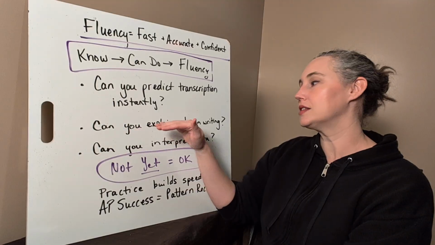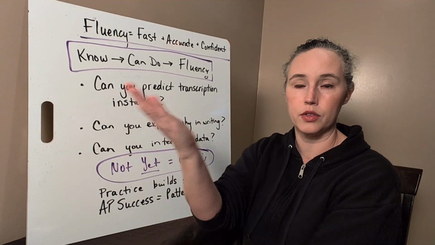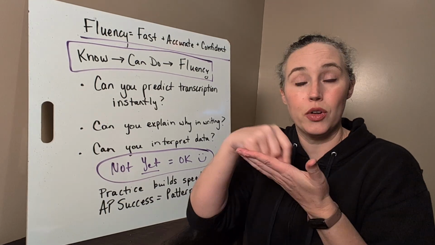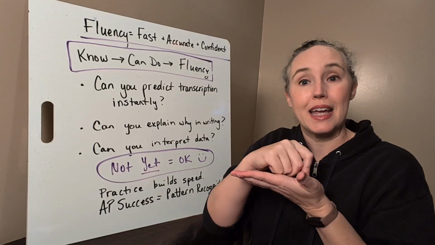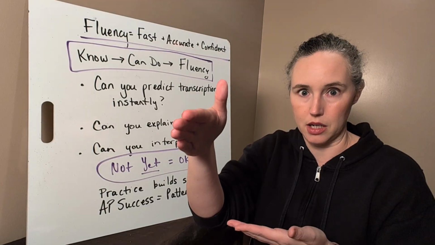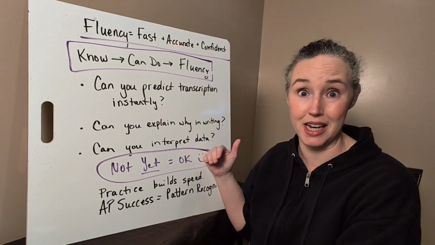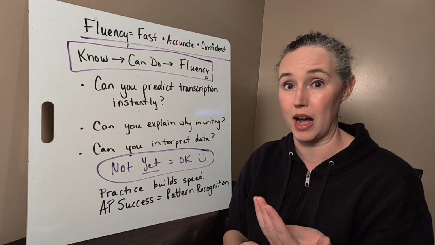Also, can you explain why a cause will result in a certain effect in writing with your hand, not just with your mouth? You may want to start there, but then can you explain it in writing in a way that someone else will understand? And can you interpret data from tables like the ones I showed you or graphs?